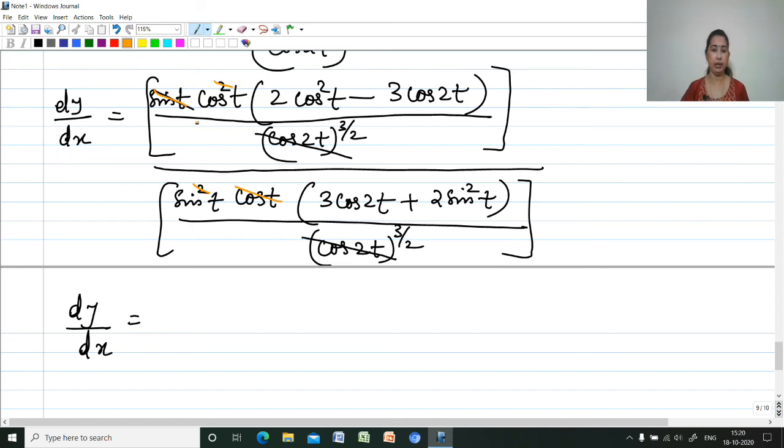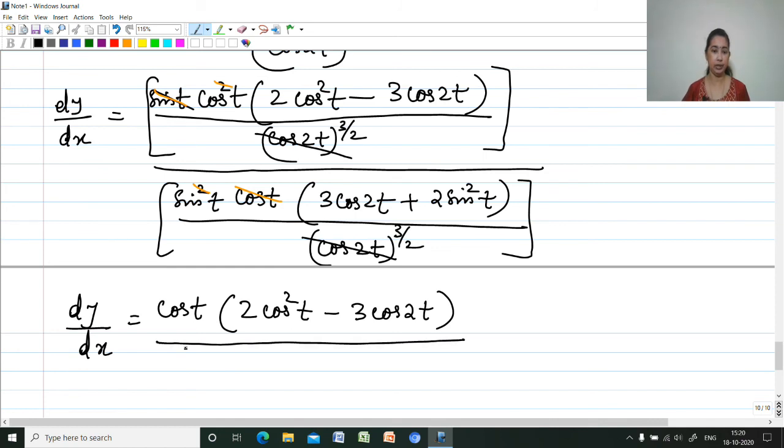So what will remain in the numerator? Numerator cos t into 2 cos square t minus 3 cos 2t, divided by sin t into 3 cos 2t plus 2 sin square t. This much remaining.